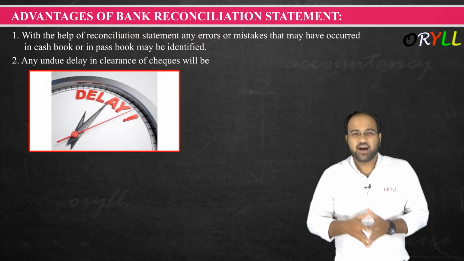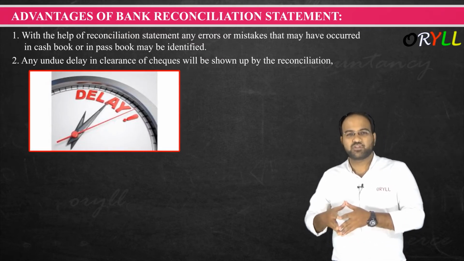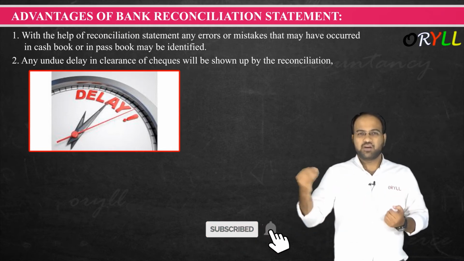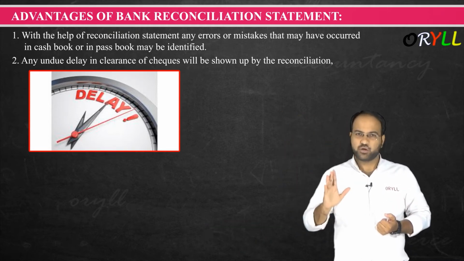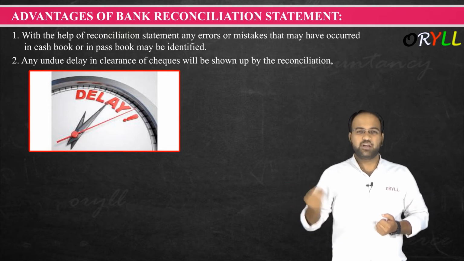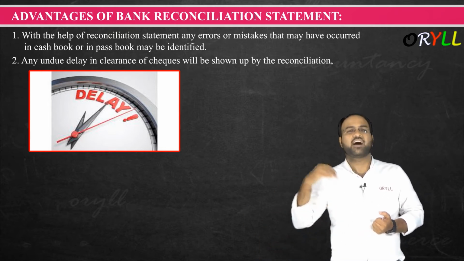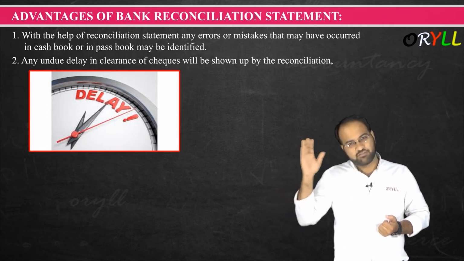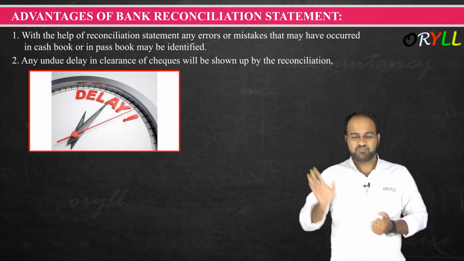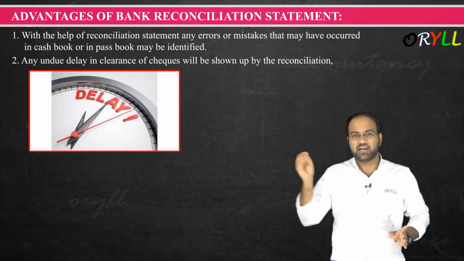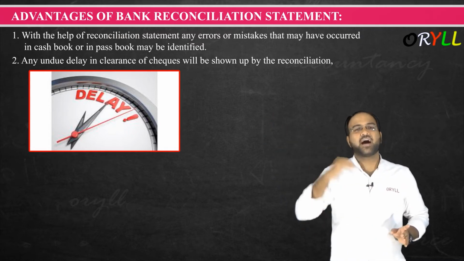Second one, any undue delay in the clearance of cheques will be shown up by the reconciliation. What do you mean by this, sir? Whenever we receive a cheque, we have to deposit it into the bank. It is possible that we may deposit the cheque on the same day, after 5 days, 10 days, 15 days, 1 month, 2 months, but maximum within 3 months. Today I received it and recorded it in the cash book, but I give the cheque to the bank after 1 month.